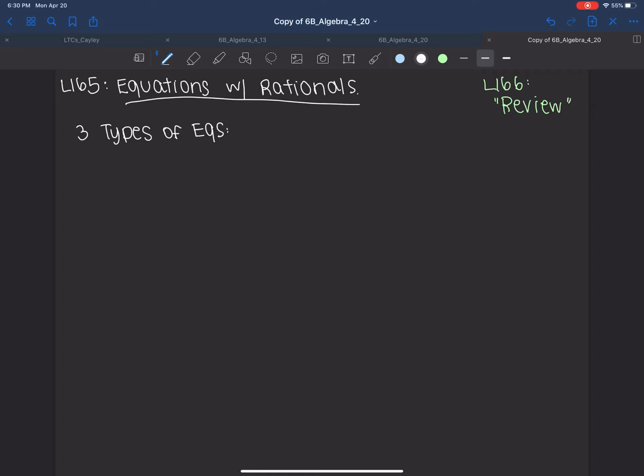Okay, so type 1. I'm going to use x as my variable and a and b as placeholders for numbers. So type 1 is a times x is equal to b. Here a and b are rational.